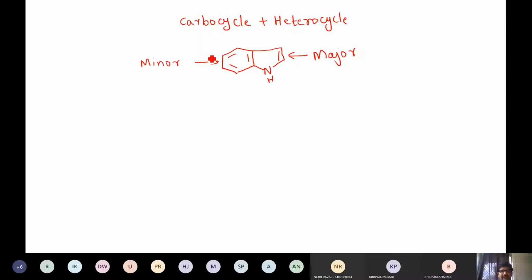So that is the simple thing to determine in this particular category. Let me repeat again. Whenever you are talking about this type of system, which is made up of a carbocycle and a heterocycle, the major ring is always the heterocyclic ring and the minor ring is always the carbocyclic ring. Okay, so that makes it easier.